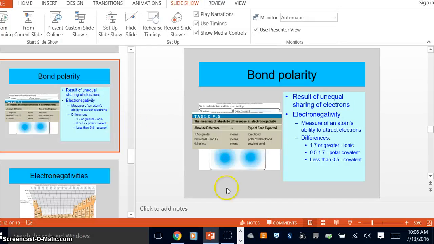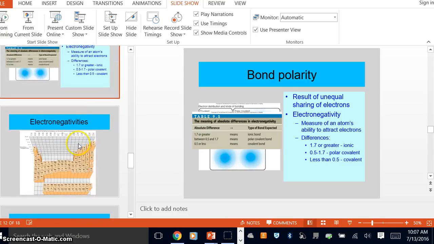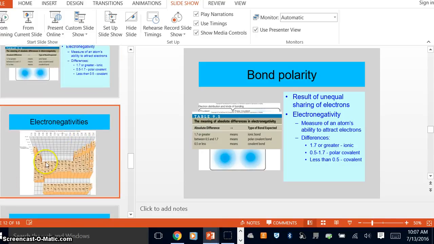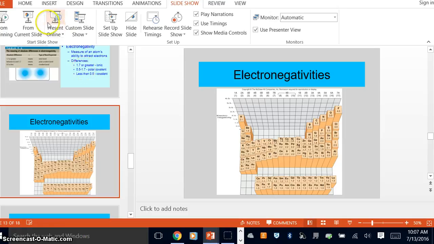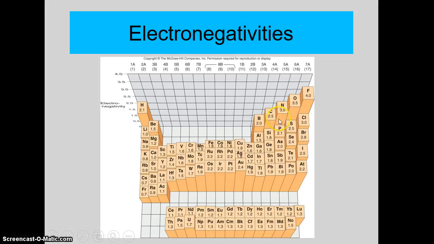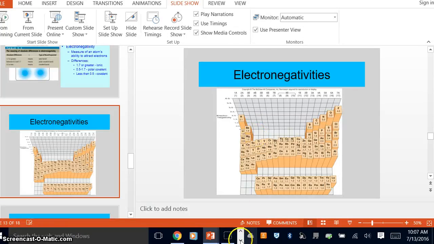All right, let's do another. We go to the electronegativity chart. Here's our electronegativity. Since we already have oxygen on there, we'll do oxygen and nitrogen. If you look at those, it's 3 and 3.5. What would you predict if nitrogen and oxygen bonded together? Let's go look at that.